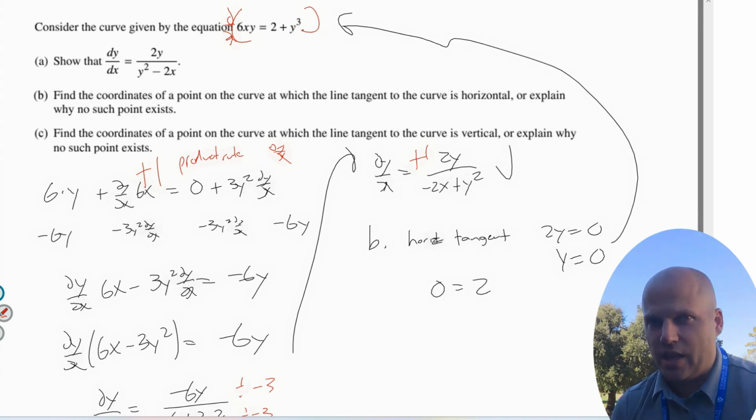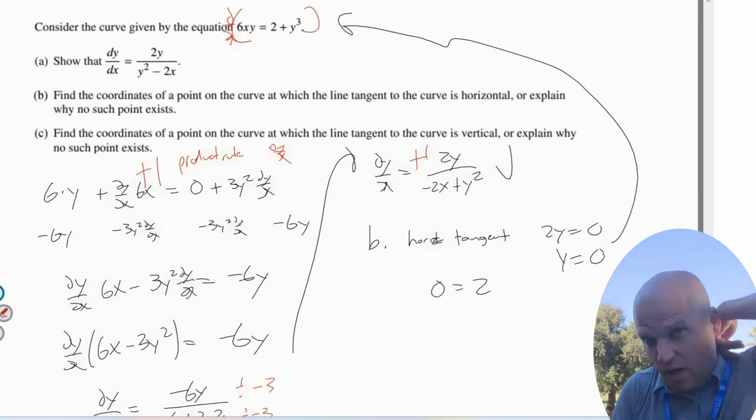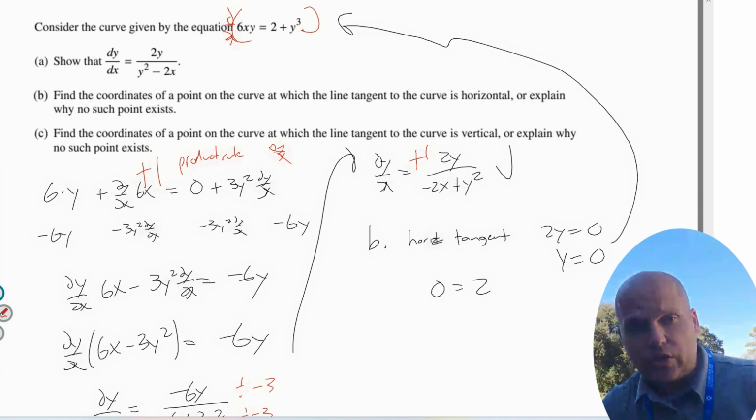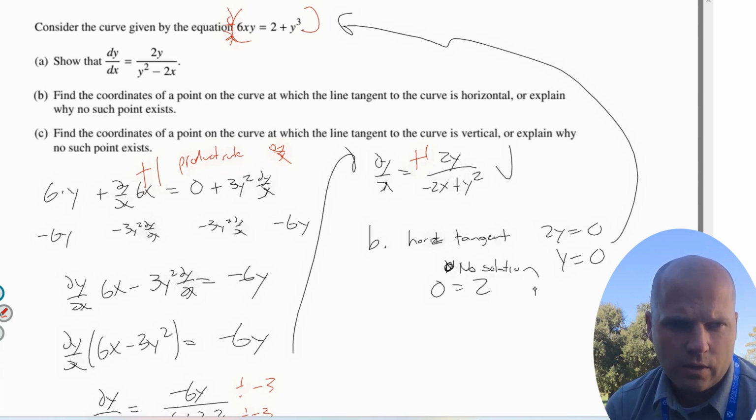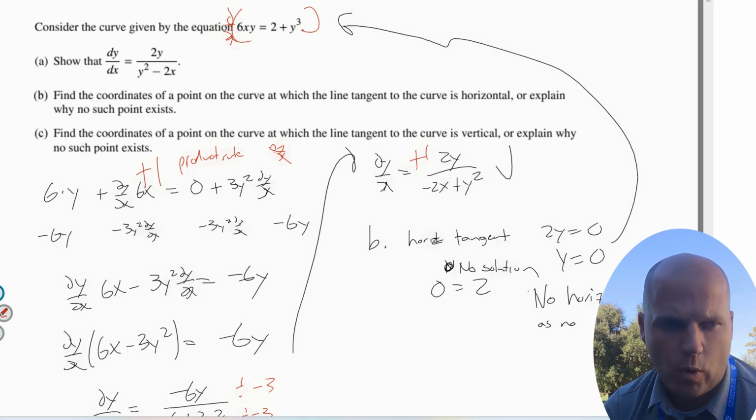Oh, I literally gave a similar one to this earlier, and you say, does not work. There's no solution to this. Therefore, there's no horizontal tangent, as there's no points where y equals 0.